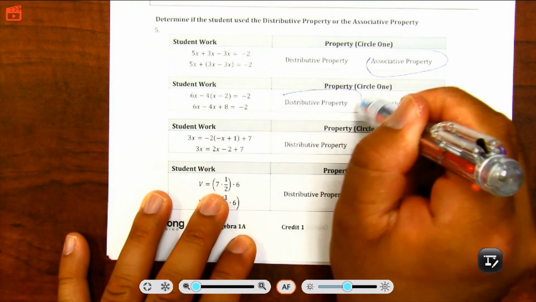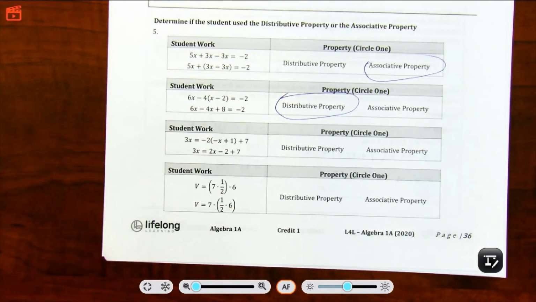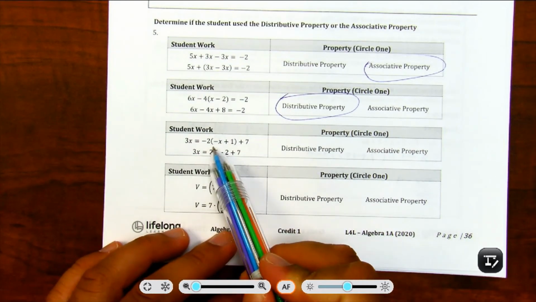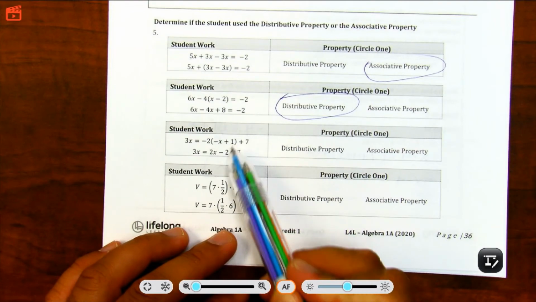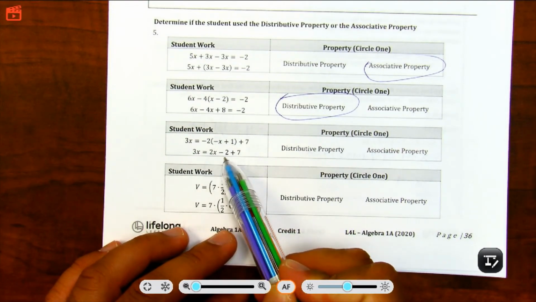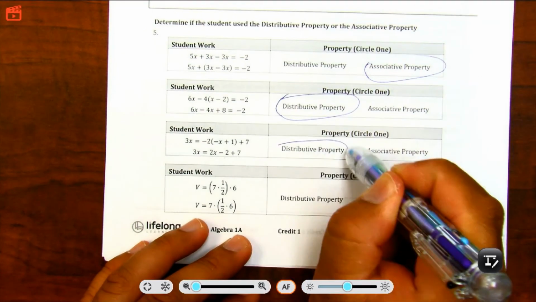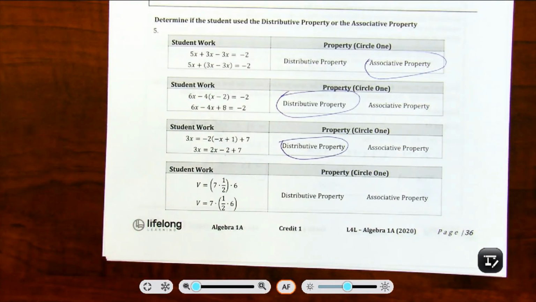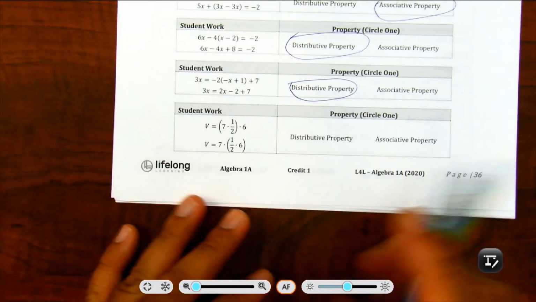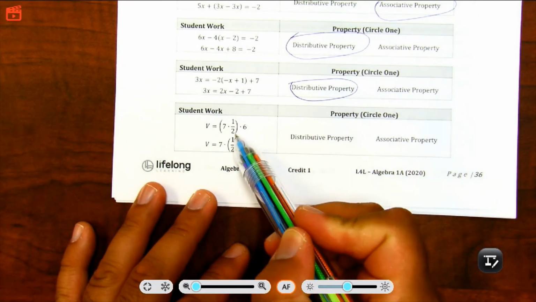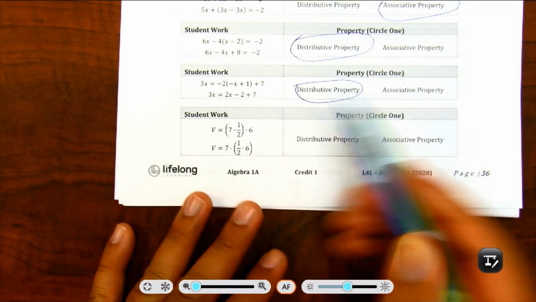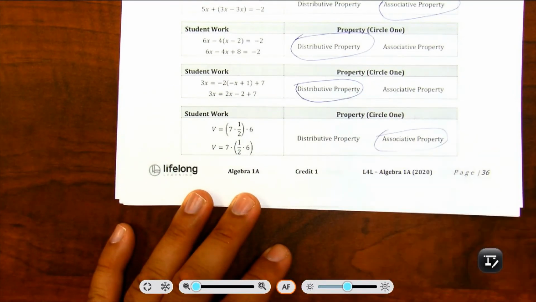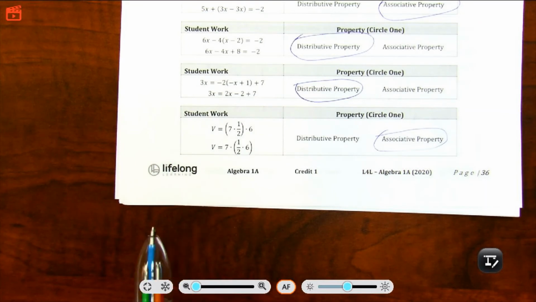Going from negative 2 parenthesis negative x plus 1 to 2x minus 2, that is also distributive. Going from 7 times 1/2 times 6 to 7 times parenthesis 1/2 times 6, this is associative. So with distributive, you're actually multiplying. With associative, you're just adding parentheses or moving the parentheses around.